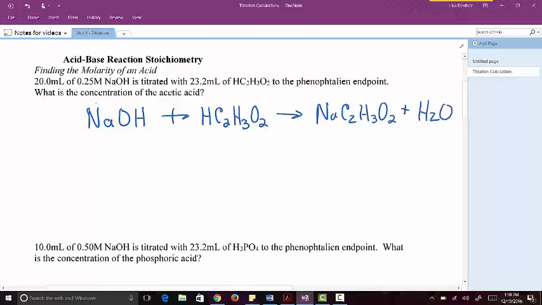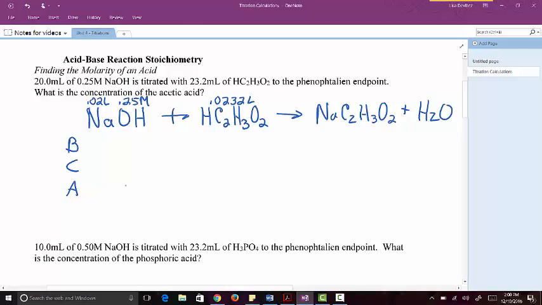Okay, and we have 0.02 liters of 0.25 molar, and then it says that we titrated that with 0.0232 liters of the acetic acid. Now, titration, the whole goal is to react them exactly.